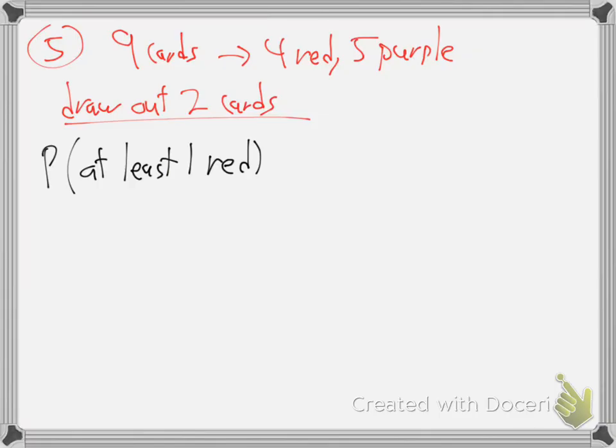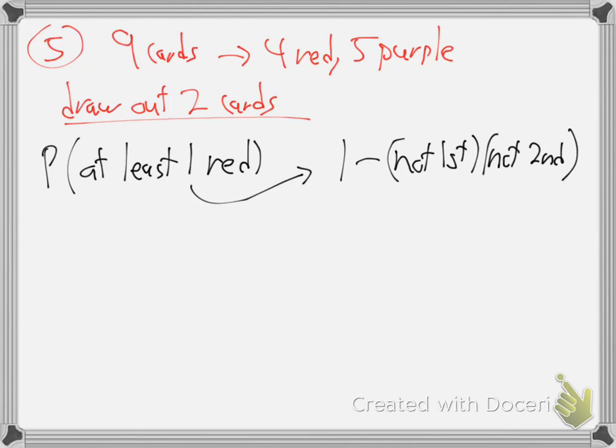So remember, what was our formula for at least 1? 1 minus, not the first, not the first and not the second. Exactly, good. You guys have good notes. Right, so 1 minus not the first times not the second. Remember that for that at least 1 stuff?